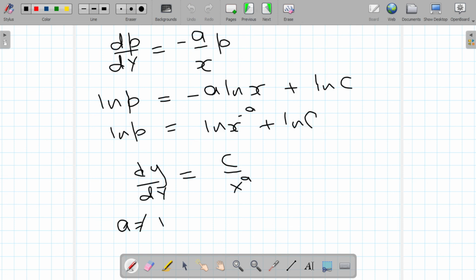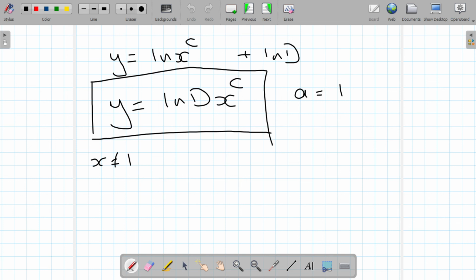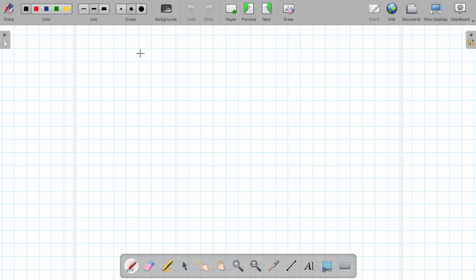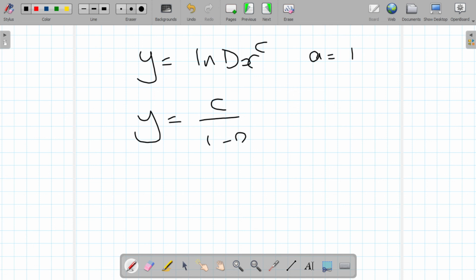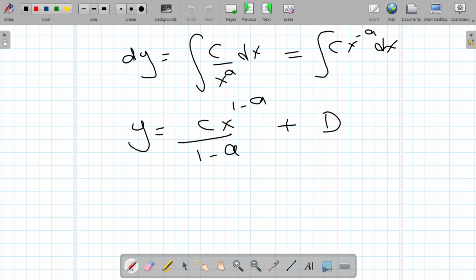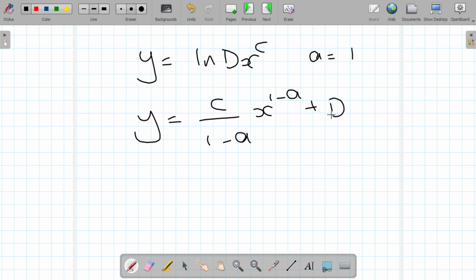So we've got y equals log dx to the power c, and that's for a equals 1, and we've got y equals c over 1 minus a, x to the 1 minus a, plus d, and that's for a not equal to 1.